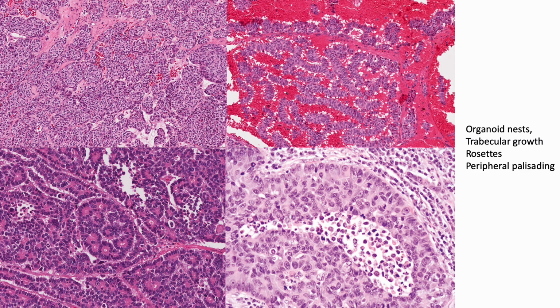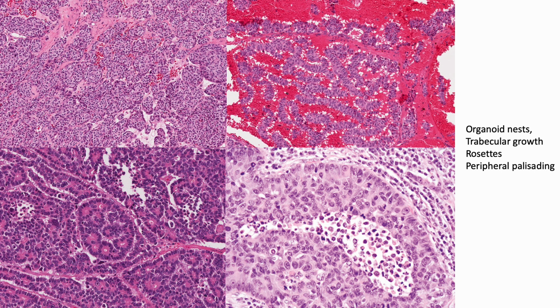The critical question is, what is neuroendocrine morphology? Neuroendocrine morphology refers to distinct architectural growth patterns. The four classic patterns are organoid nesting, trabecular growth, rosette formation, and peripheral palisading. Tumor cells typically exhibit round nuclei, finely granular salt and pepper chromatin, and inconspicuous nucleoli.